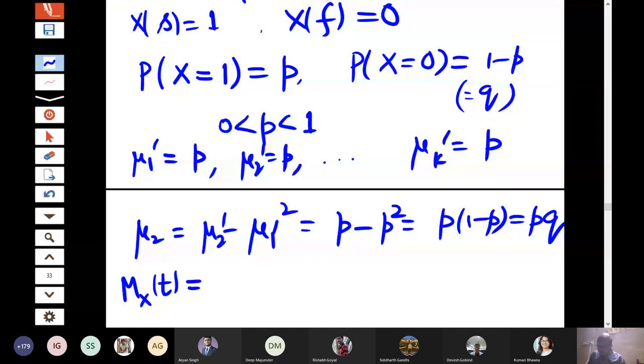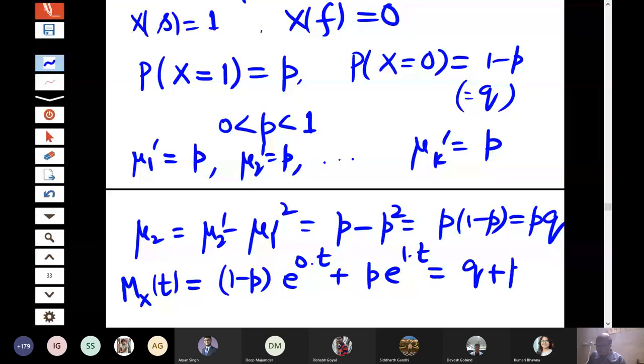What is the moment generating function? It will become 1 minus p into e to the power 0 into t plus p into e to the power 1 into t, which we simply write as q plus p e to the power t. That is the moment generating function of this distribution.